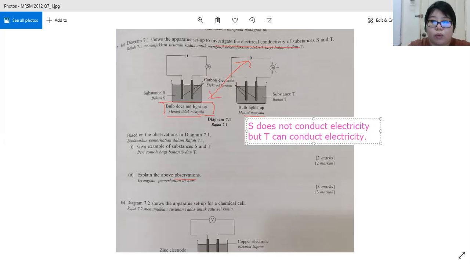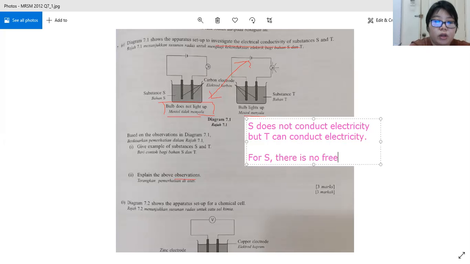Okay, now we are going to write our reason why S cannot conduct electricity. Then you can say for S, there is no free moving ions.